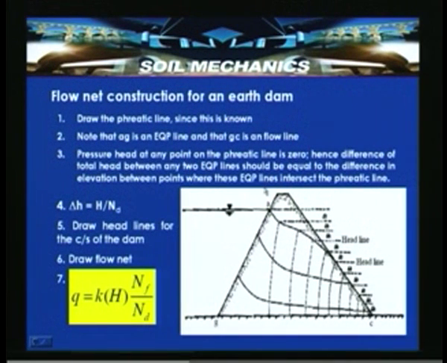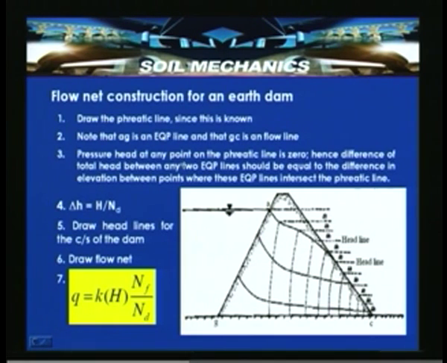It is easy to construct a flow net for the flow of water through unconfined seepage conditions, an example being earthen dams. Here we draw the phreatic line, which is known to us by the constructions and methodologies discussed, and we should note that AG is an equipotential line. If there is a tailwater level here, then this again is an equipotential line.